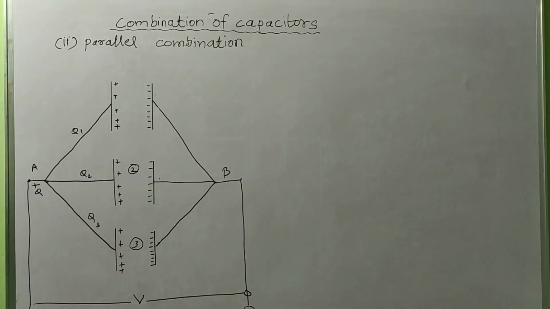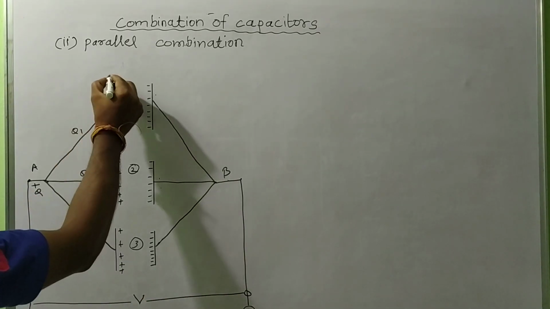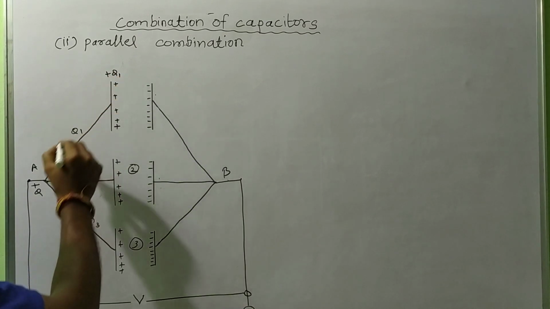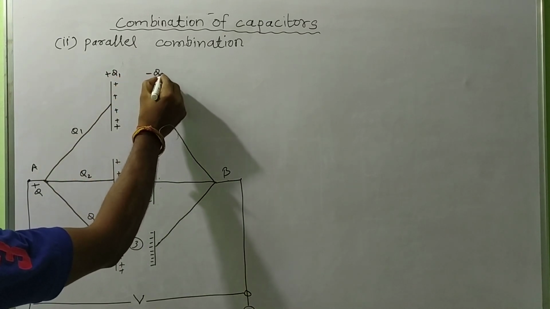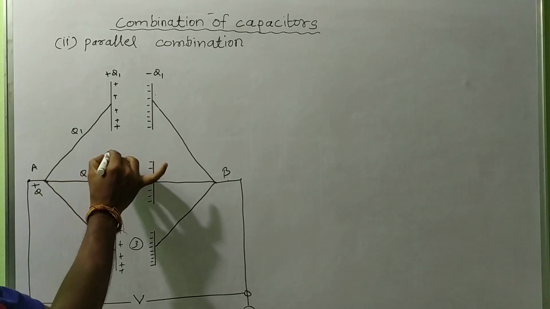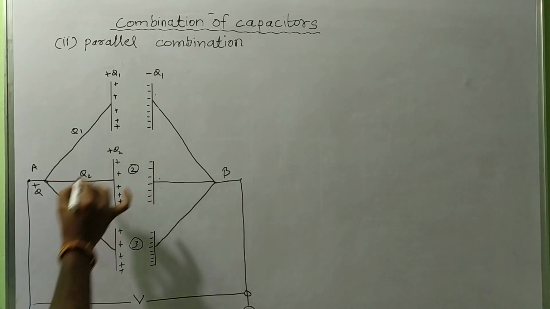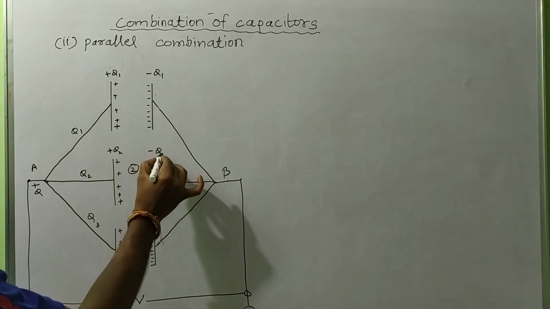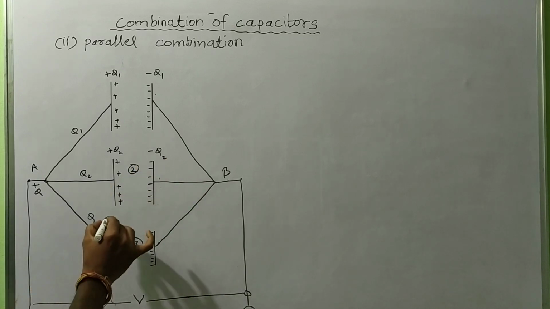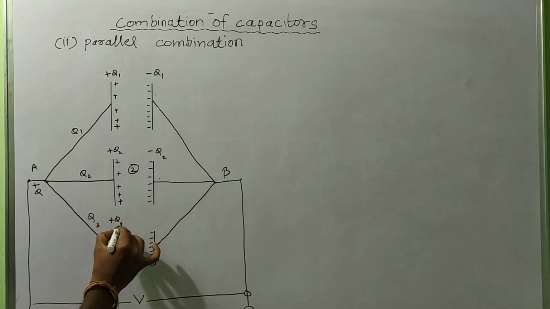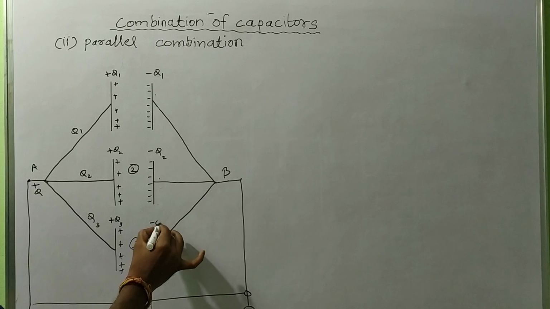Now here plus Q1 will be there, and here minus Q1; here plus Q2 will be there, here minus Q2; here plus Q3 will be there, and here minus Q3.